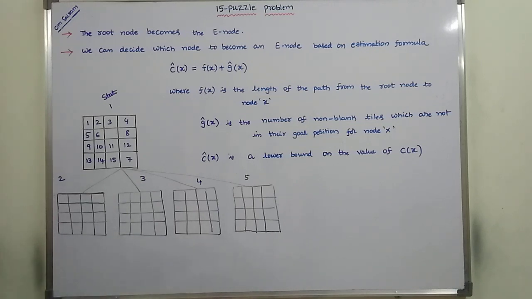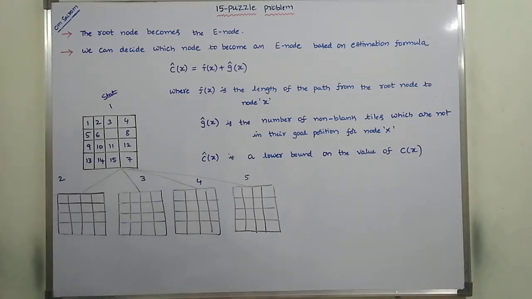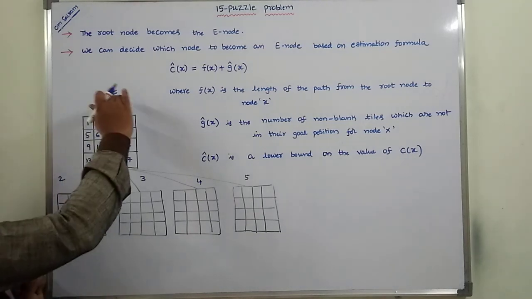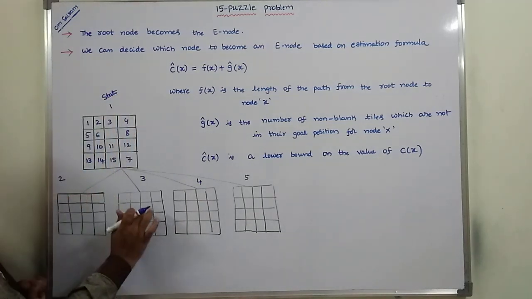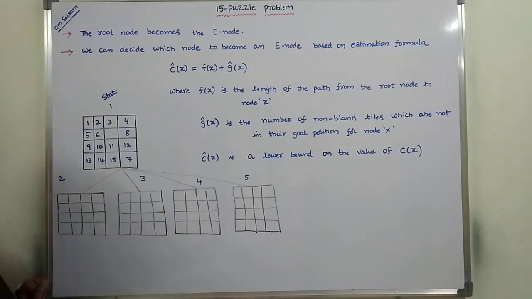In the next level, the nodes that we created are 6, 7, 8, 9, 10. These are the states of the puzzle: the first state, second state, third state, fourth state, fifth state. Each and every state can be represented by a node number.